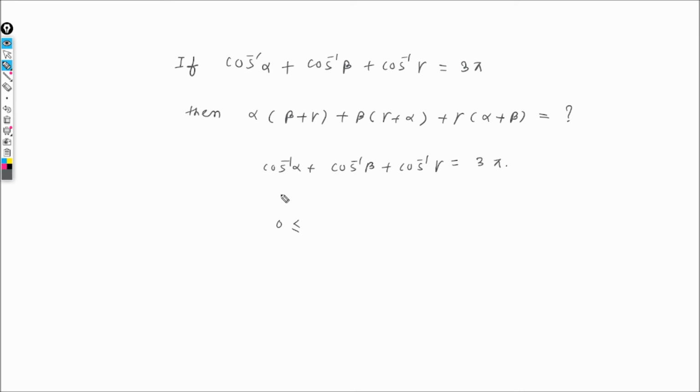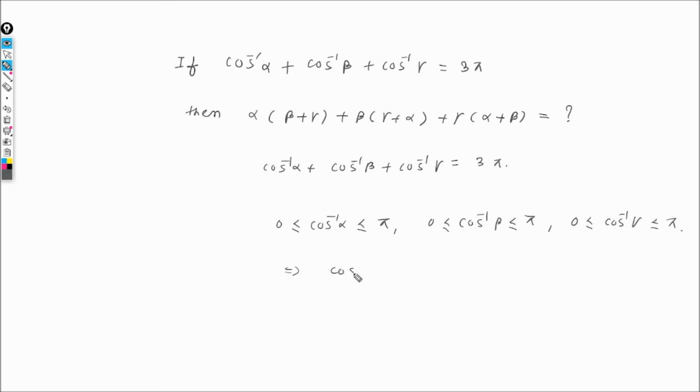In the principal value branch, we can say that 0 is less than or equal to cos inverse of alpha is less than or equal to pi, 0 is less than or equal to cos inverse of beta is less than or equal to pi, 0 is less than or equal to cos inverse of gamma is less than or equal to pi. So the principal value branch of cos inverse alpha, cos inverse beta and cos inverse gamma is the same.